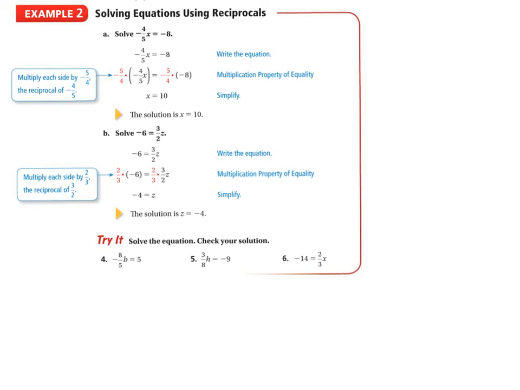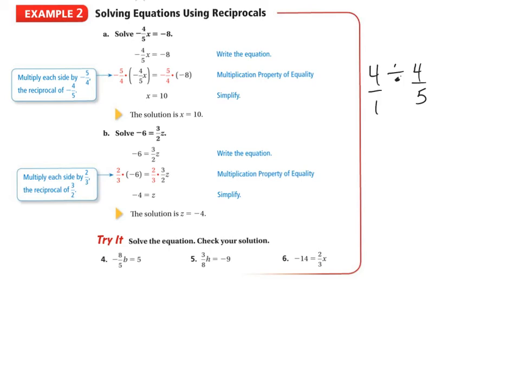So this would be -4/5 times x, okay? So just because there's a fraction, it's no different. Actually, it is a little bit different. Let's just look at what happens when I take, I don't know, 4 divided by 4/5, okay?